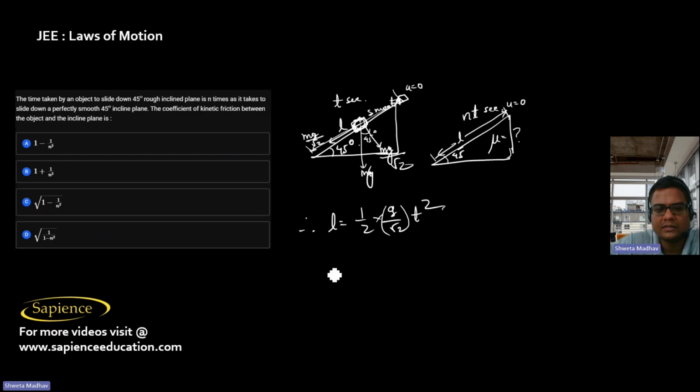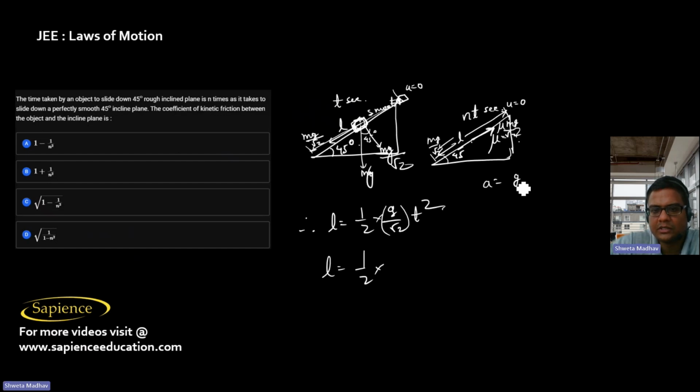And in the second case, L will be equal to half into acceleration. Here the downward force is mg by root 2, and the upward force along the incline is the kinetic friction, that is mu into N, where N is mu mg by root 2.